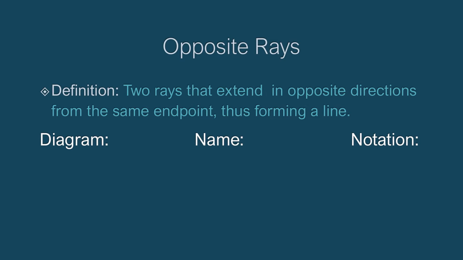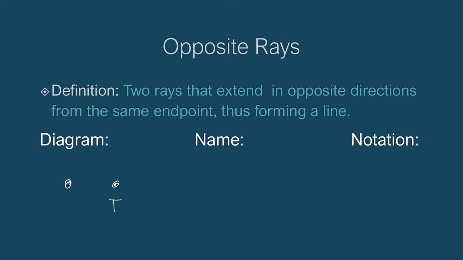Opposite rays are two rays that extend in opposite directions from the same endpoint, which means it forms a line. So if we had the point C here, and then we had T here, give me a second.